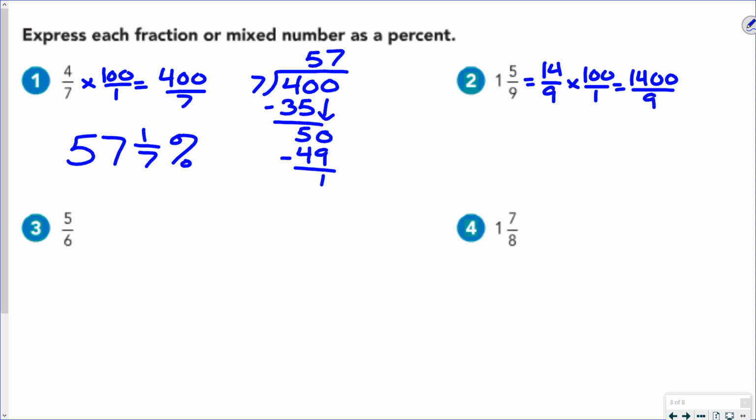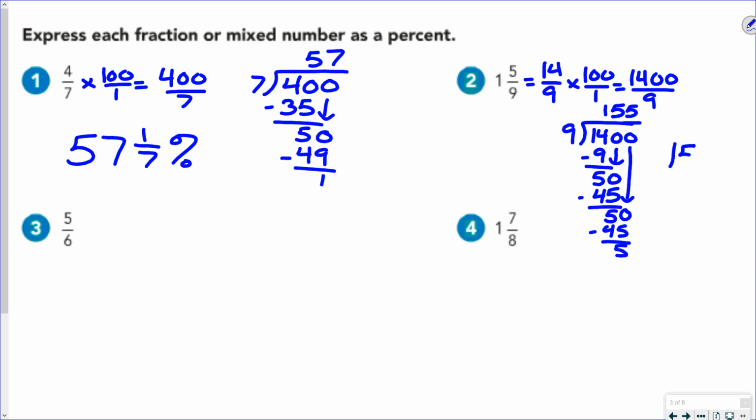So just like in the previous problems, we're going to take numerator and divide it by our denominator. 9 goes into 14 one time. 9 goes into 50 5 times. And 9 goes into 50 5 times again. So our percentage would be 155 and 5/9.